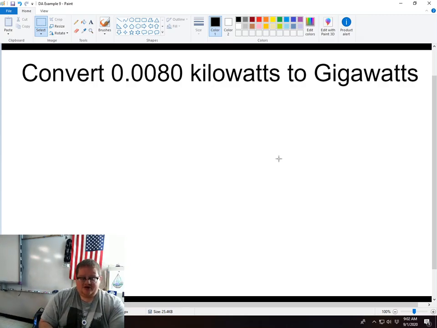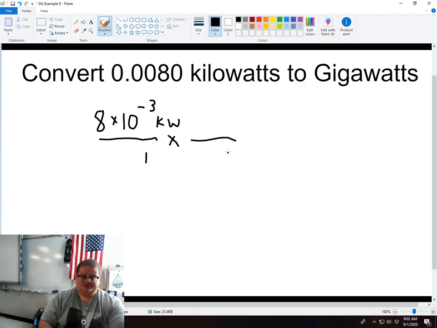Okay, so hopefully you paused and you already answered it. I'm about to go over the answer now. I've got to select the brush though. All right, so first step, of course, it's just 8. I can put 8.0, but really no need. 8 times 10 to the -3 kW over 1. I'm just going to go through this quickly. I want to cancel kW, put it down there. I'm going to go from kilowatts to watts. 1 kilowatt is 10 to the 3rd watts.